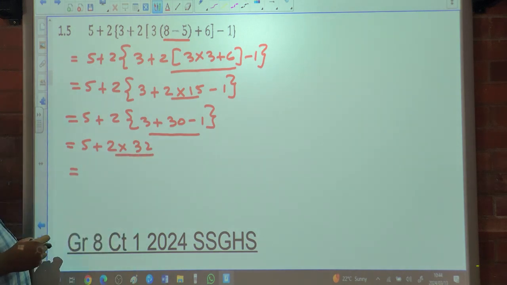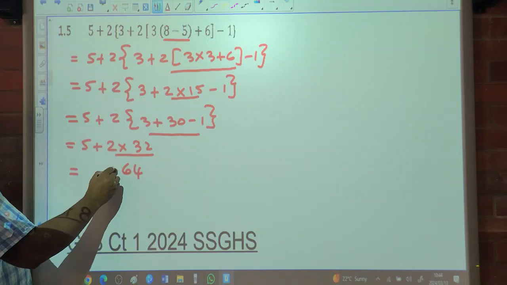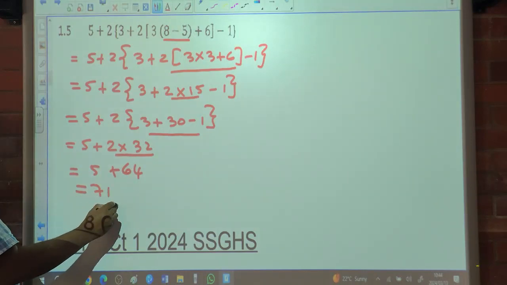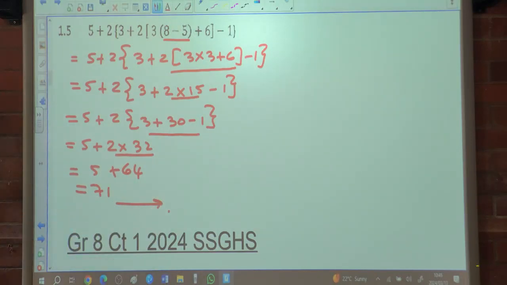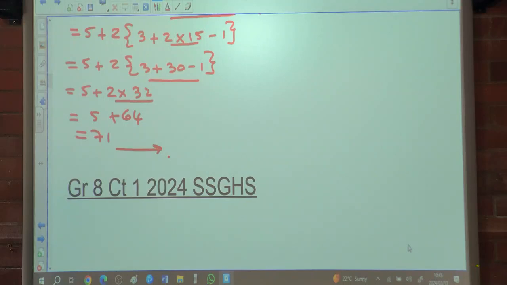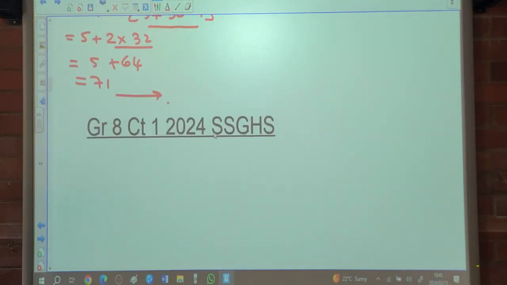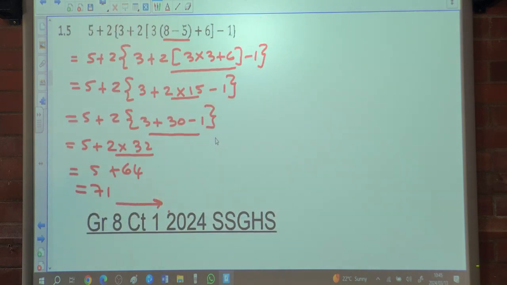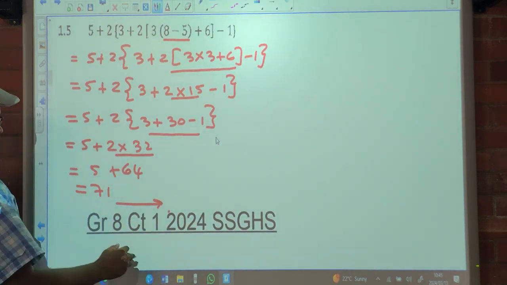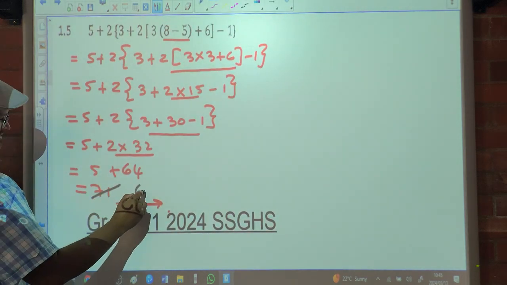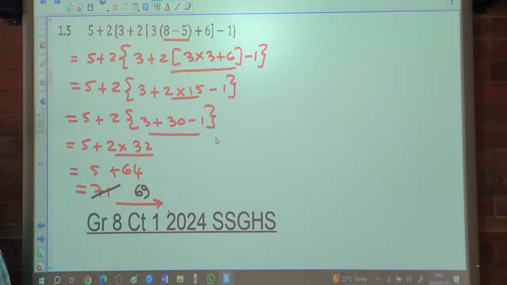Multiplication. 32 times 2? 64 plus 5, which is 69. Fairly simple, no? Easy does it. Carry on with our lives. See, there I would have lost 1 mark. I would never have gotten full marks now. Can you see? 69.